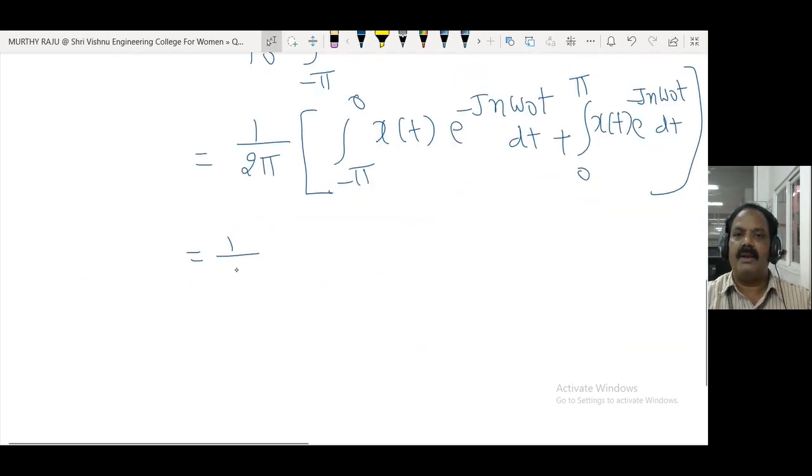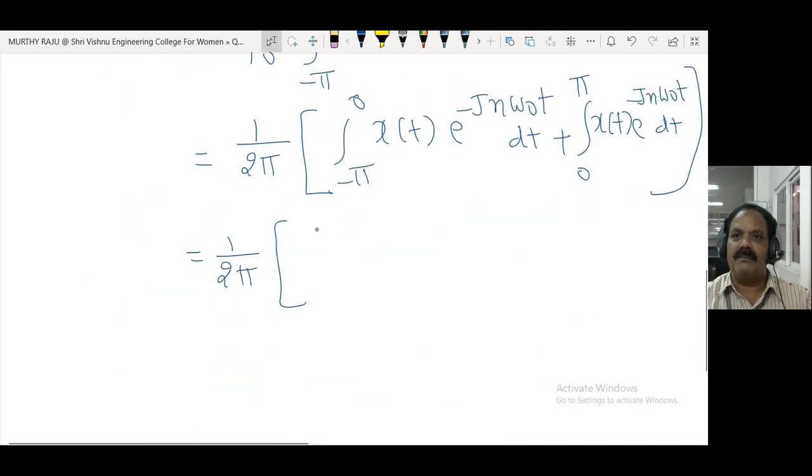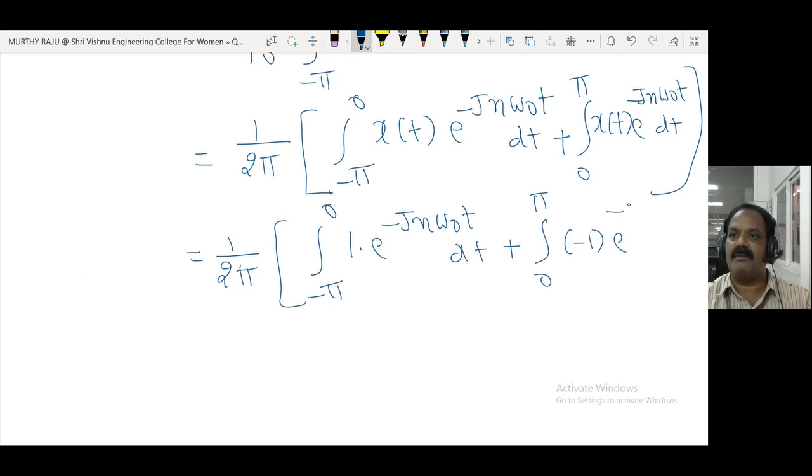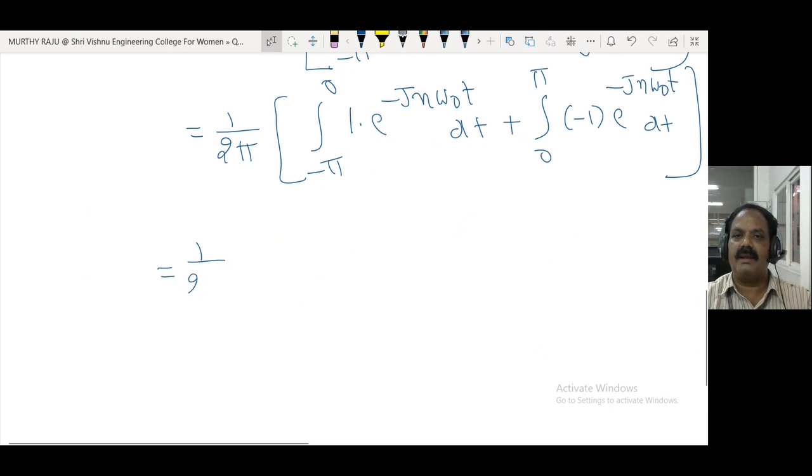In the interval minus pi to 0 the value of x of t is 1, and in the interval 0 to pi the value of x of t is minus 1. That is equal to 1 by 2 pi.